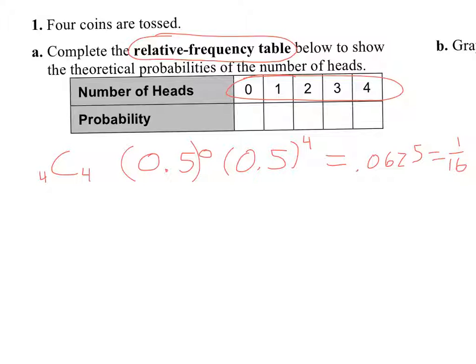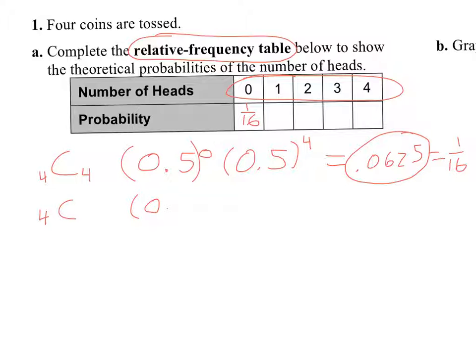On the graphing calculators, once you get this 0.0625, if you push math and then enter twice, you'll see fraction, and it'll change your decimal to a nice fraction. Okay, so the probability of getting heads 0 times if you flip a coin 4 times is 1 over 16. I'll fill that in later.